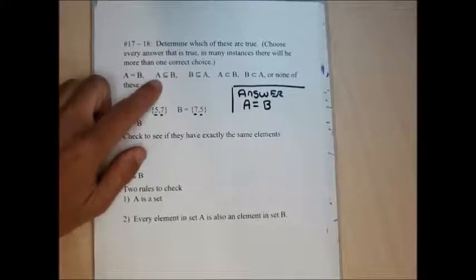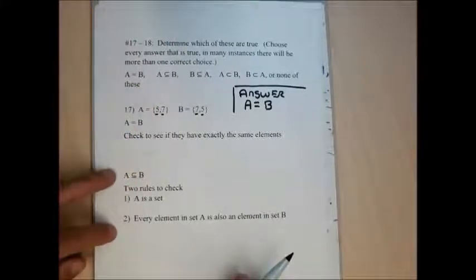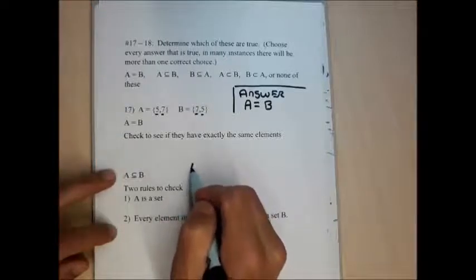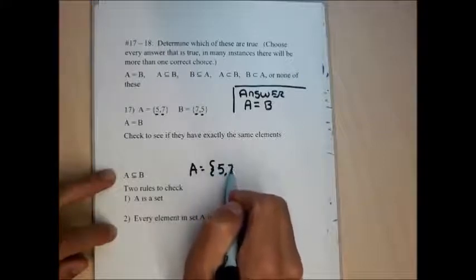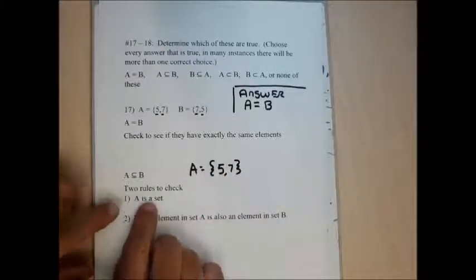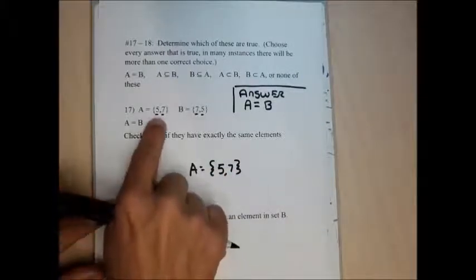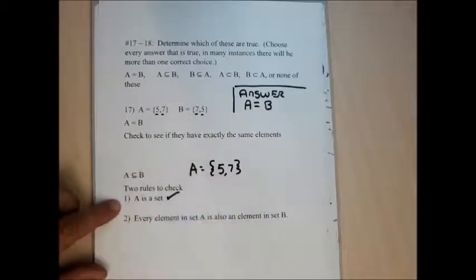The next symbol I'm going to check is to see if A is a subset of B, which we've been doing. And there are two rules to check. First, A needs to be a set. Because A is written in set braces, A is most definitely a set.